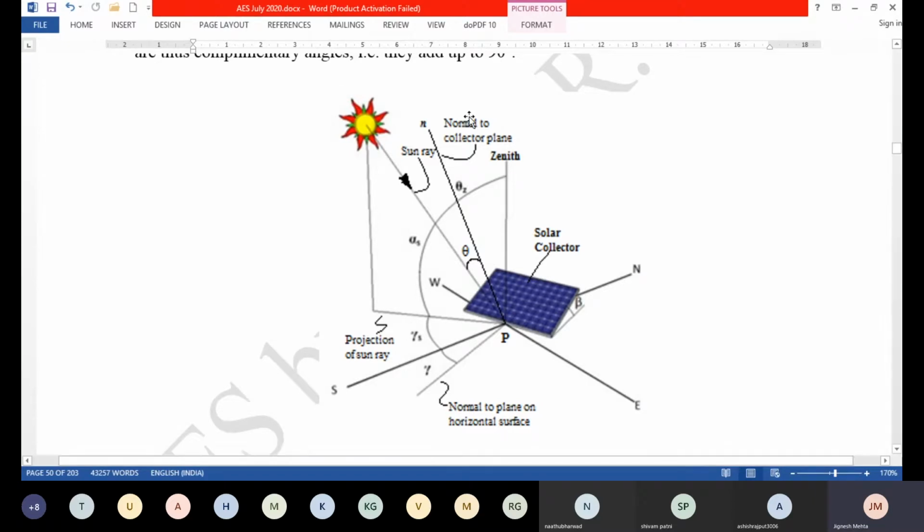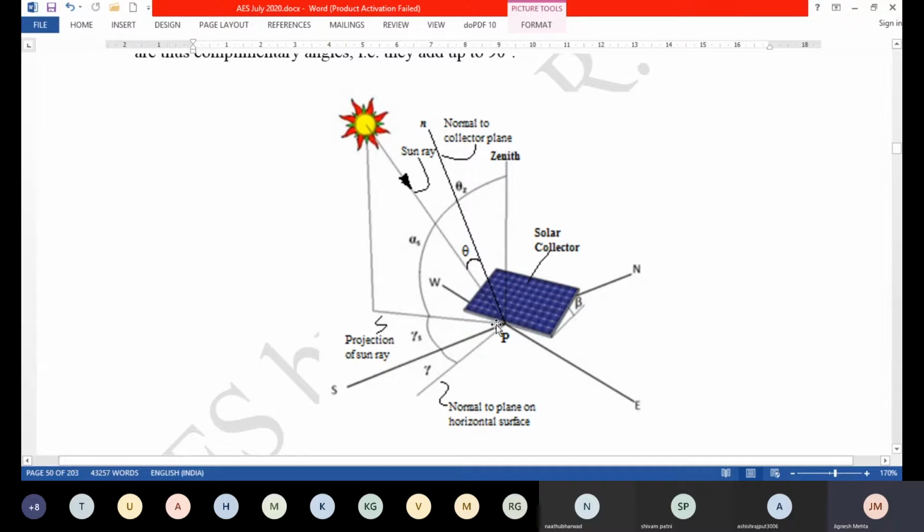So that is an observation that you can make, and that is about the altitude angle, right? So this sun ray and the projection of the sun ray, the angle between them, is nothing but the altitude angle.